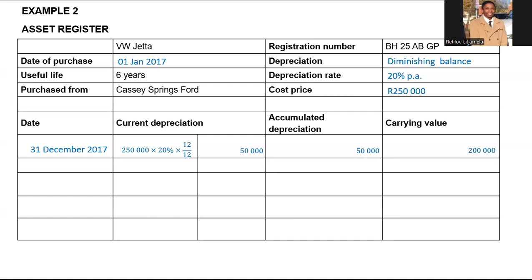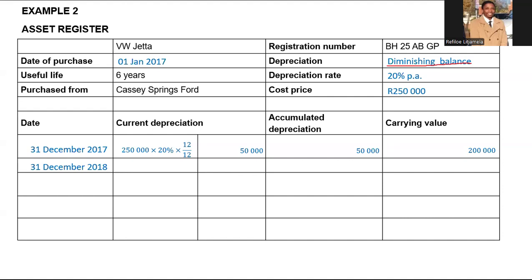The following year will be the 31st of December 2018. When we calculate depreciation, you need to pay attention to the depreciation method. They said that the depreciation method is diminishing balance method. So diminishing balance method means current year depreciation will be calculated using the closing balance of the carrying value from the previous year.